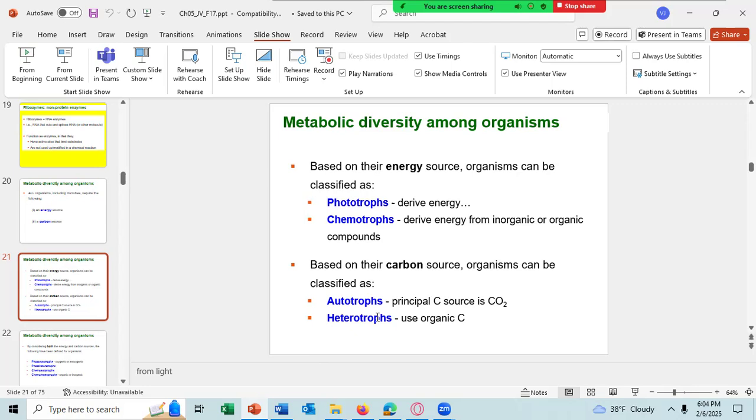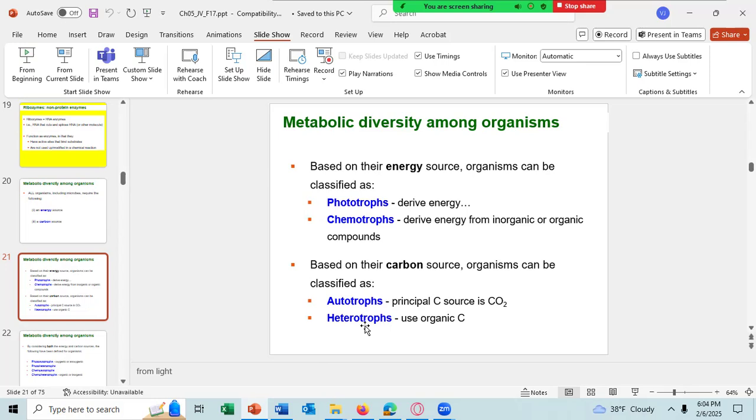You can classify organisms into both phototrophs and chemotrophs and then lump them together. We'll talk about that in a minute. It's more complex than just dividing an organism by its energy source into phototrophs and chemotrophs, and then dividing their carbon source into where they get the carbon from, either an autotroph or a heterotroph.